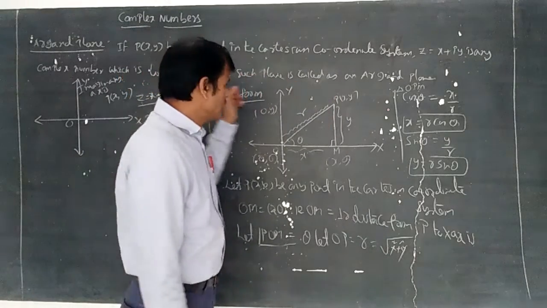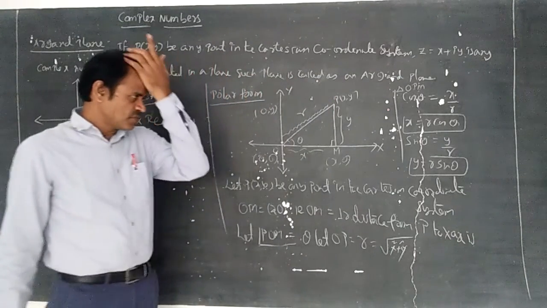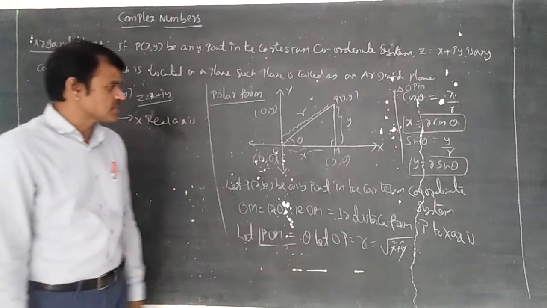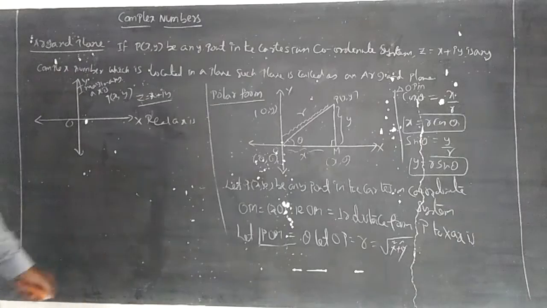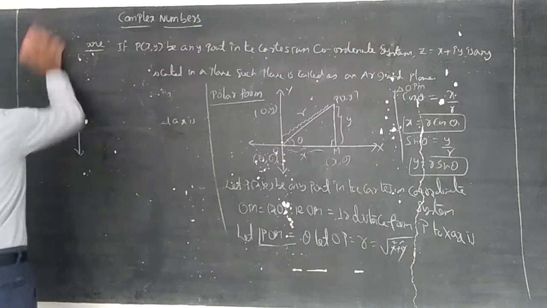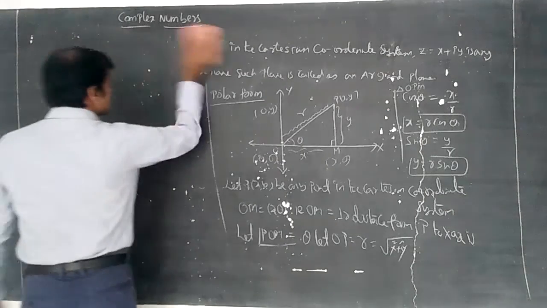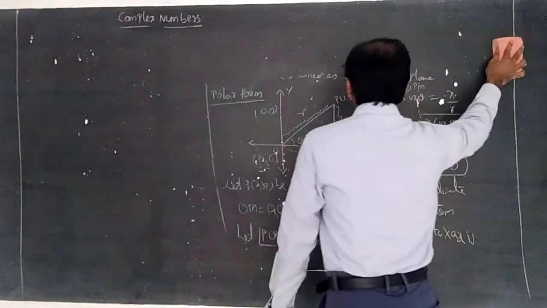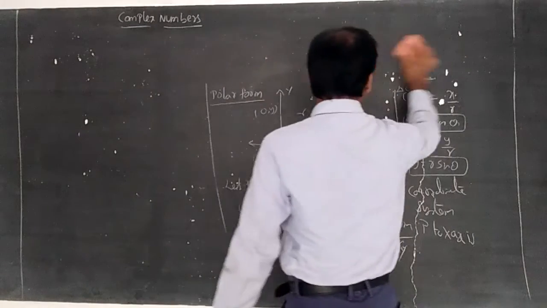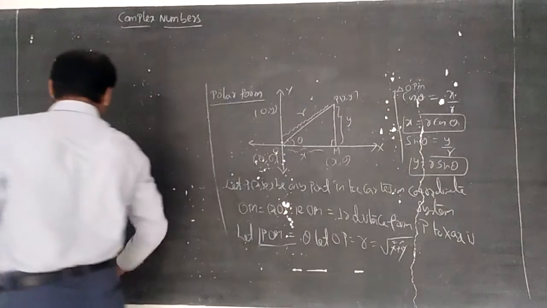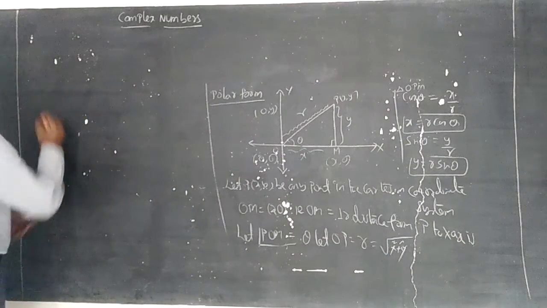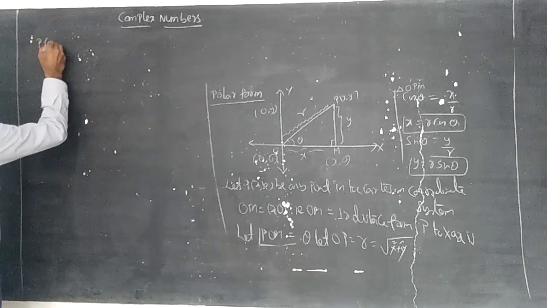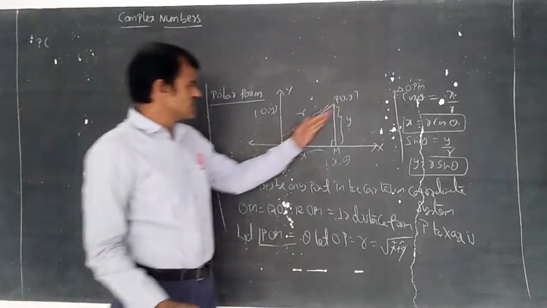Changing the name: whenever theta is there, wherever you are indicating the point with respect to theta, we can say that in this orthogonal plane, let P x comma y be notated as P R comma theta. What is indicated here?